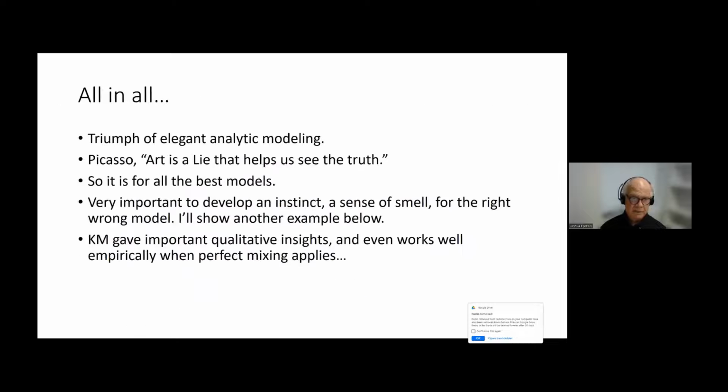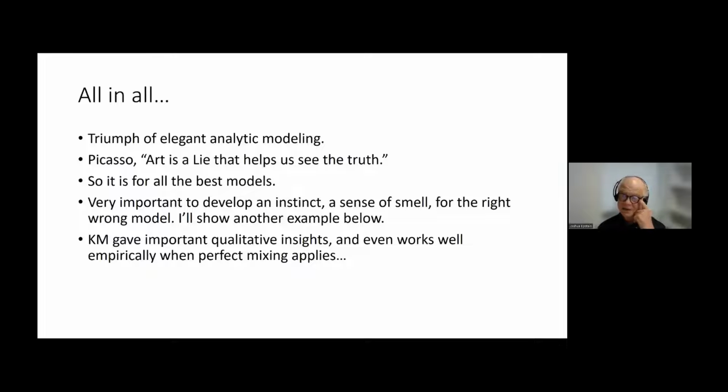Okay, a triumph of analytical modeling. Picasso said art is a lie that helps us see the truth. I think that's true of all the best models. And I think for students and for us, it's important to develop an instinct, a sense of smell for the most fertile wrong model. And this is a good example of that.